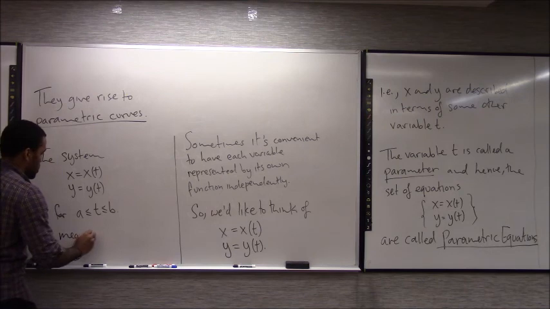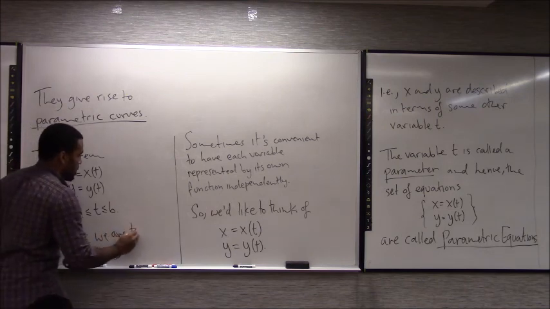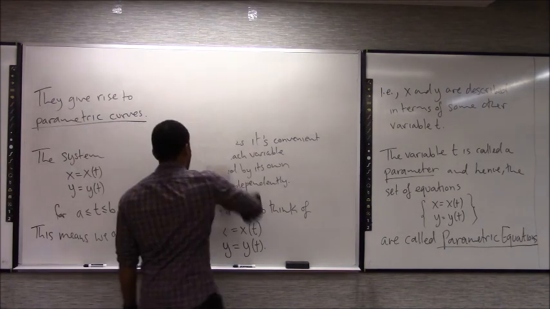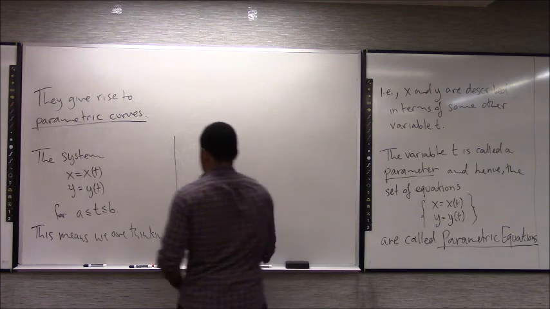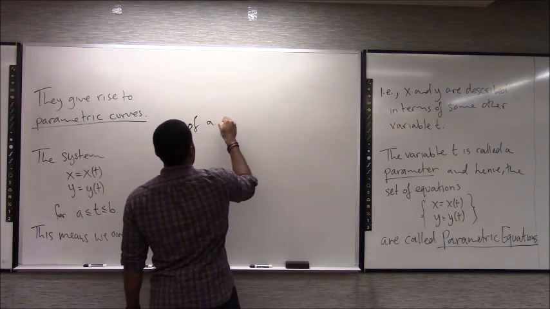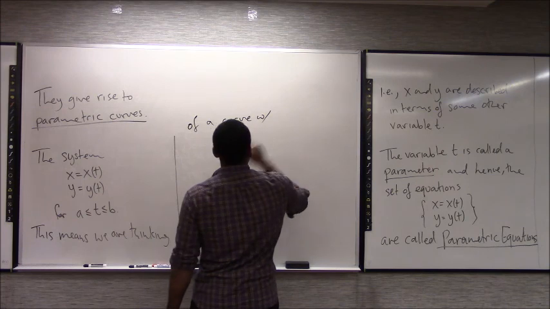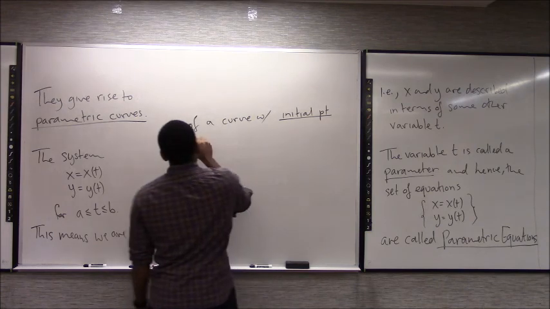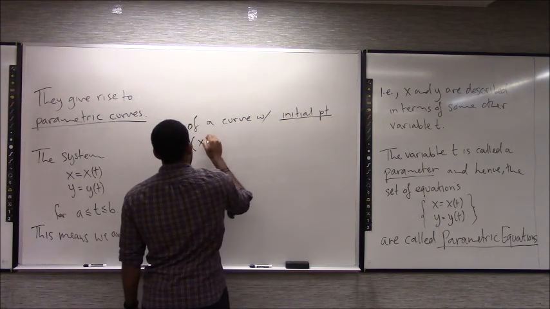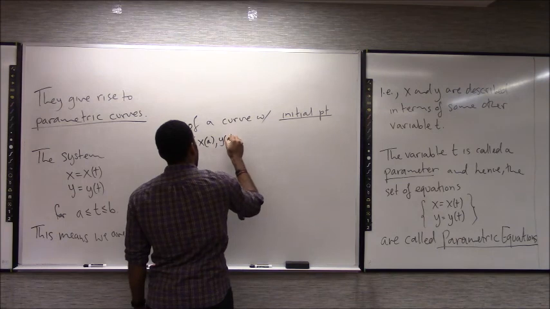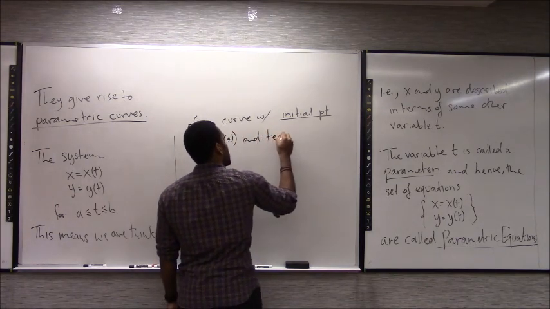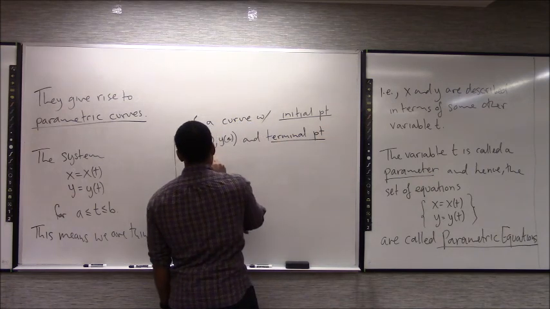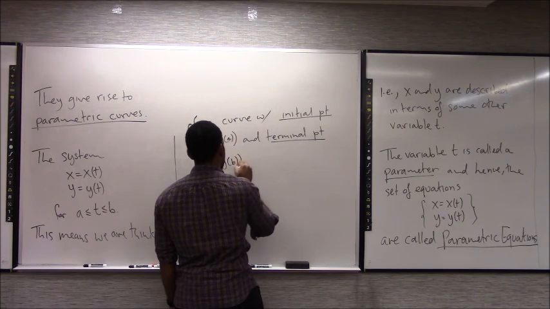This means we are looking at a curve with initial point, so this is the starting point, given by x evaluated at a, y evaluated at a, and terminal point, or final point, x evaluated at b, y evaluated at b.